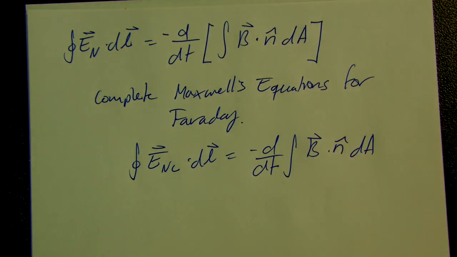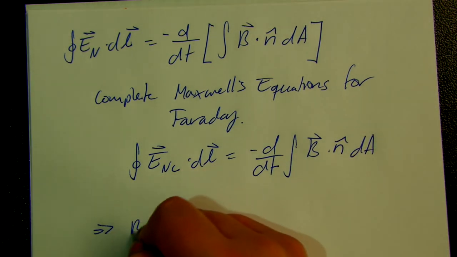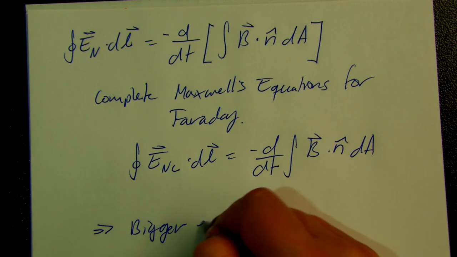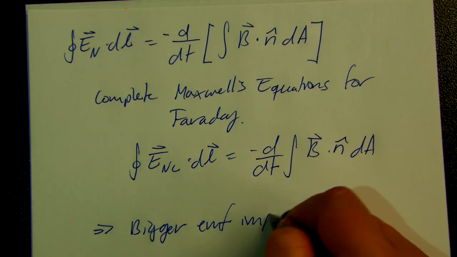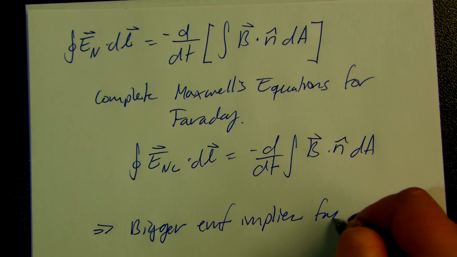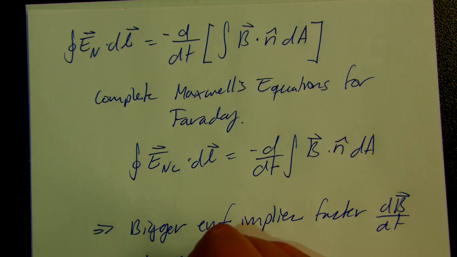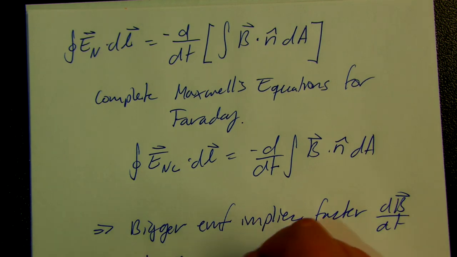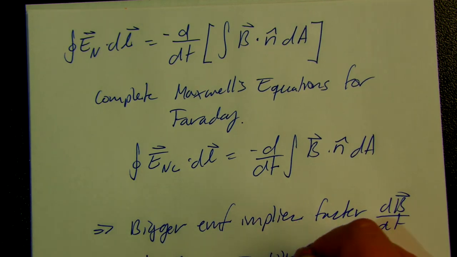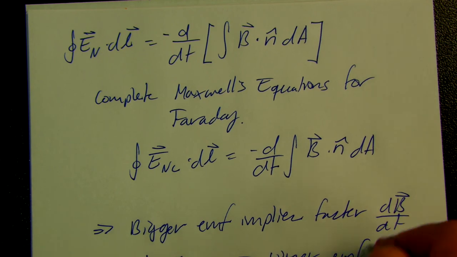And what we can see from this is that bigger EMF implies faster dB/dt, and bigger area implies bigger EMF.